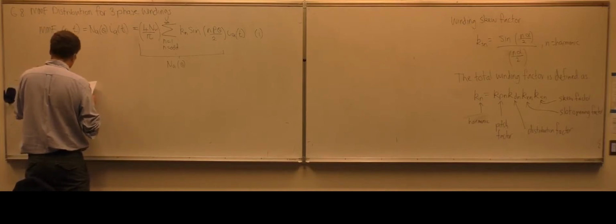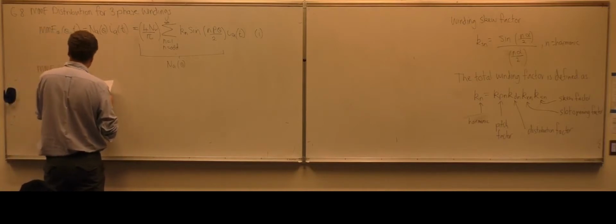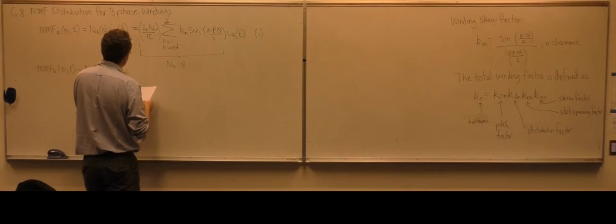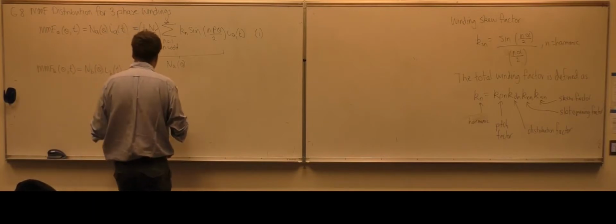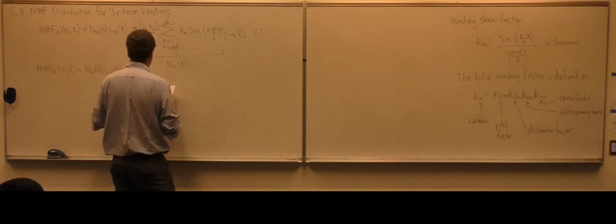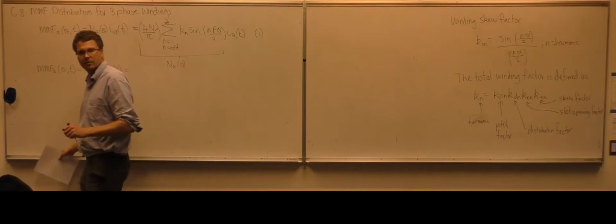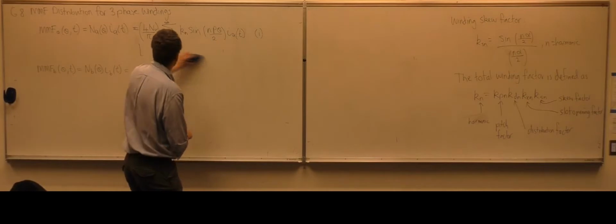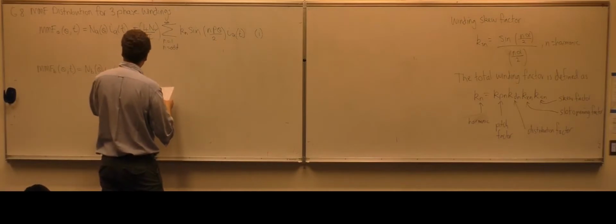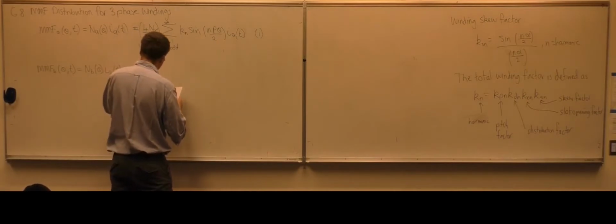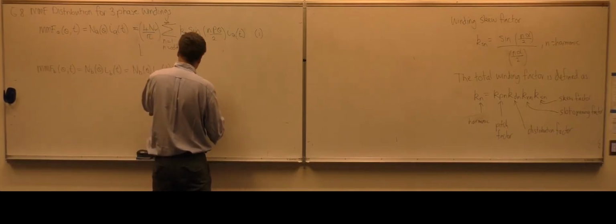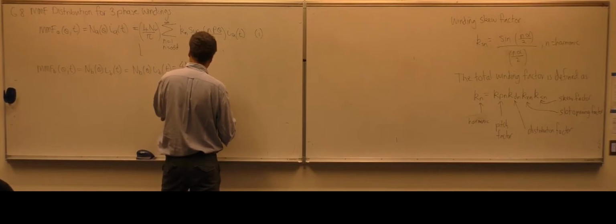There's a little bit of playing around to get this. Then we have phase B, n over pi.